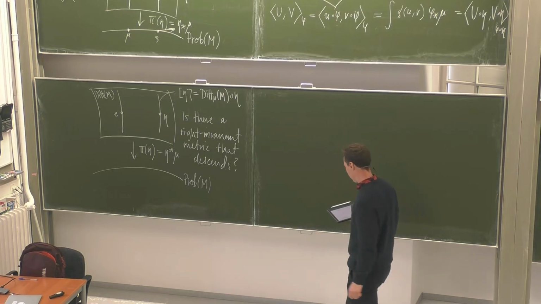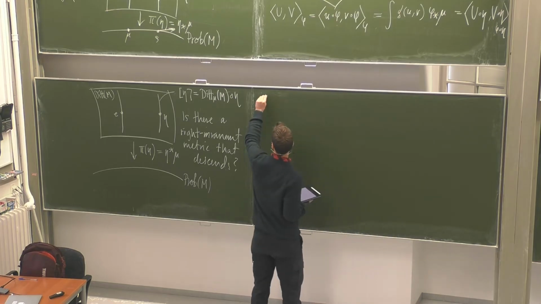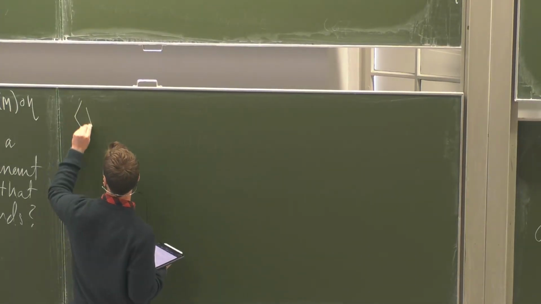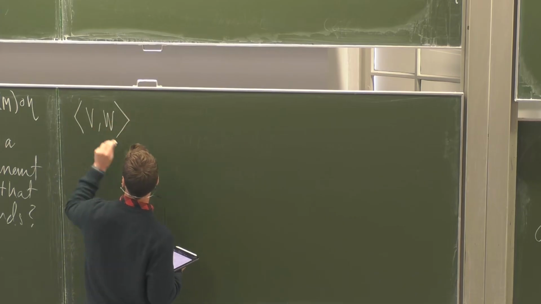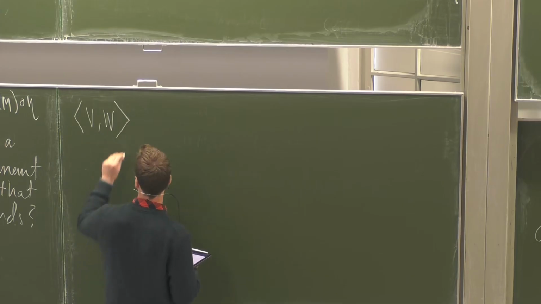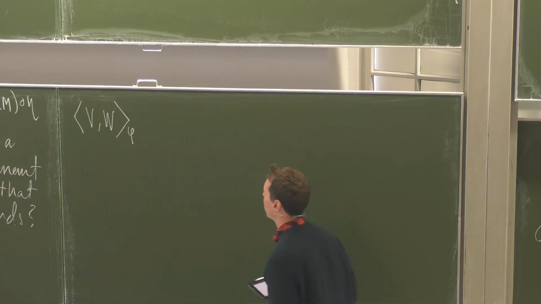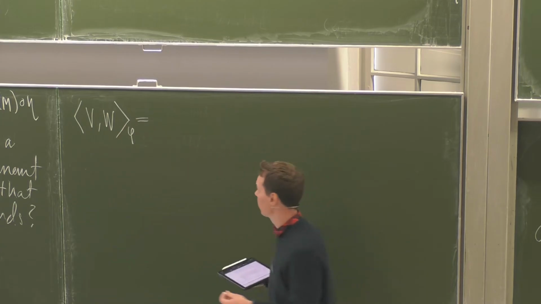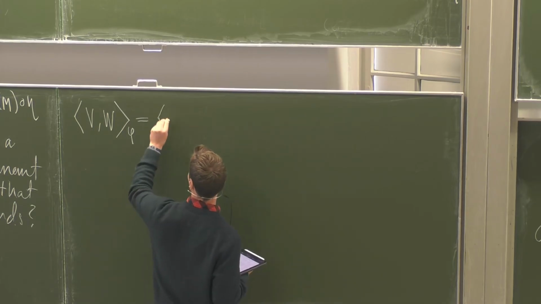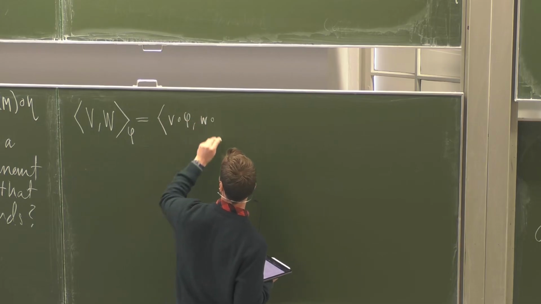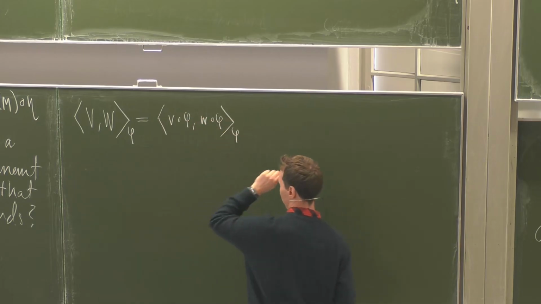So here is the one that I propose. You take, again, two tangent vectors V and W, of some point phi, like before, okay? And then I can write this, of course, in terms of the generators. So I write this in terms of little v composed with phi, and then W composed with phi.